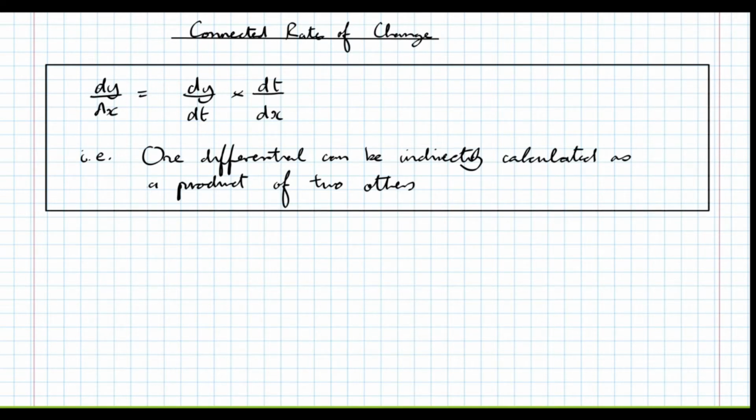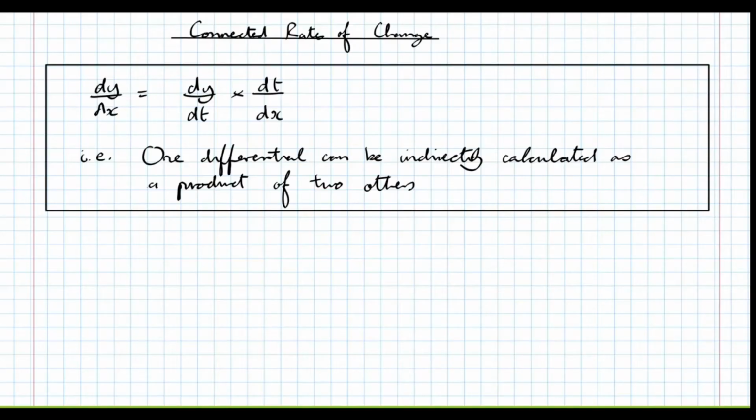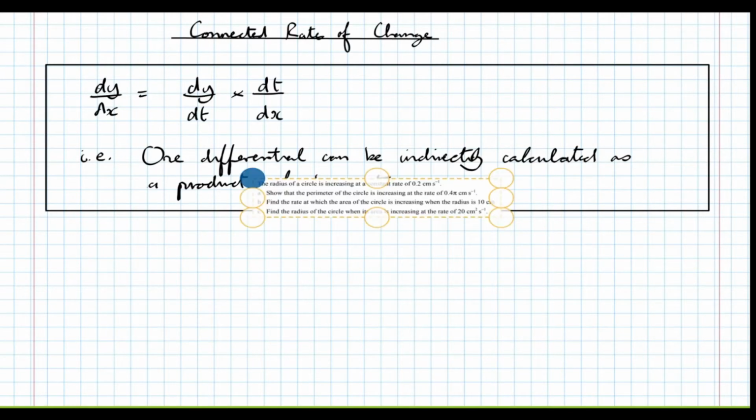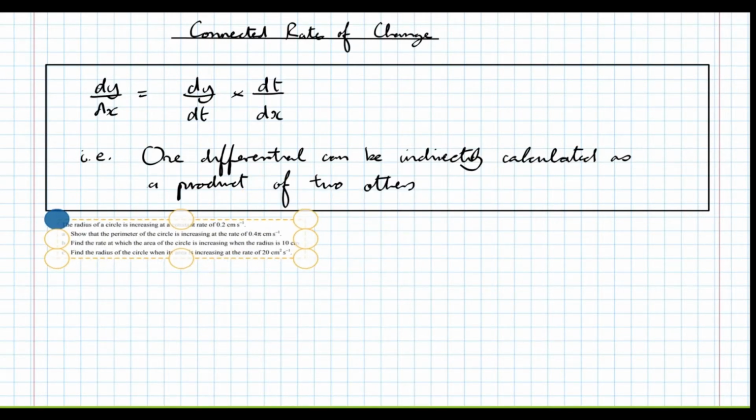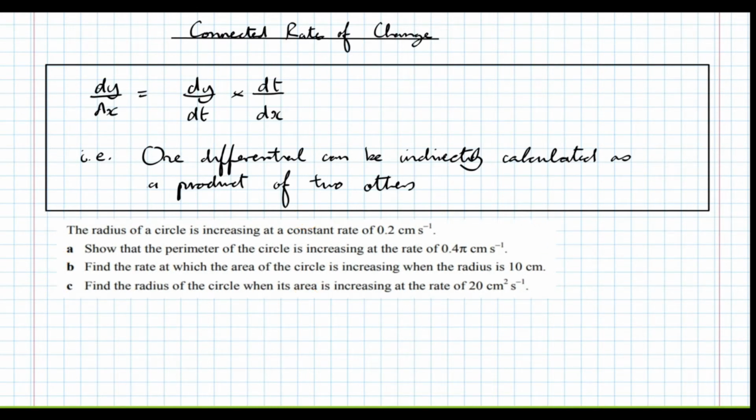So I'll show you what I mean by that. Let's get straight on to an example. So I'll put that example up there. And if you want to copy it down, if you're making notes, give you a little while to do that.